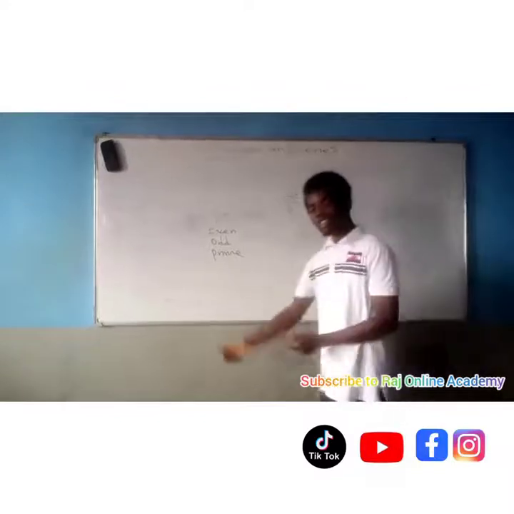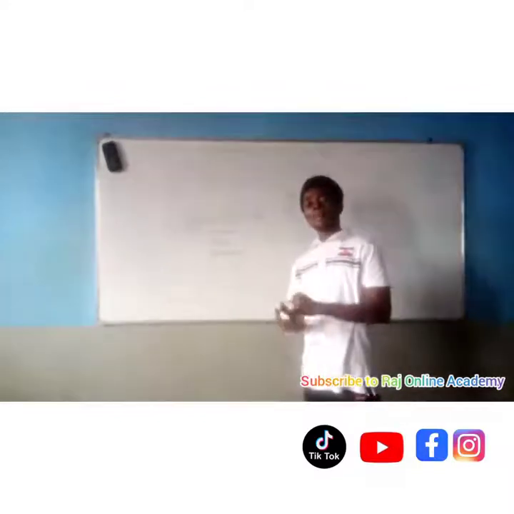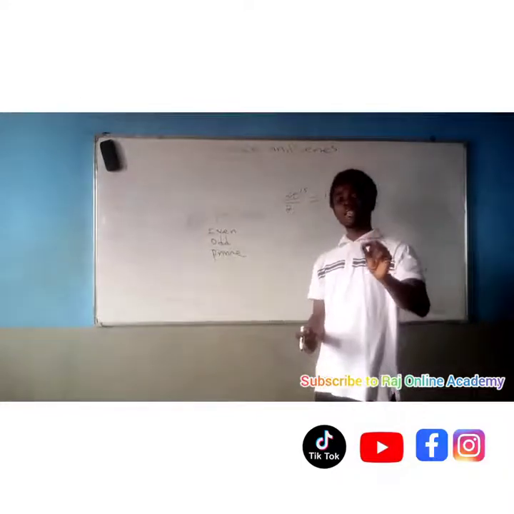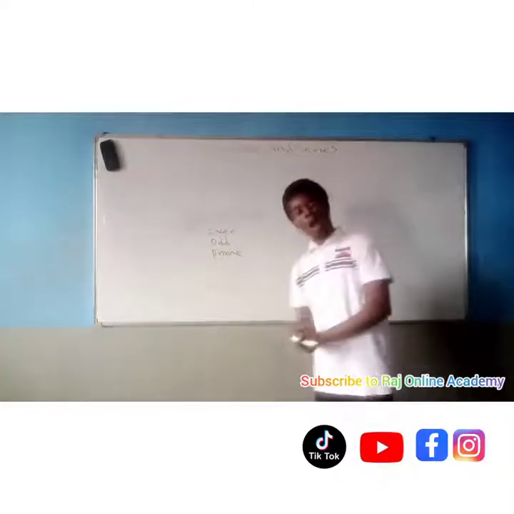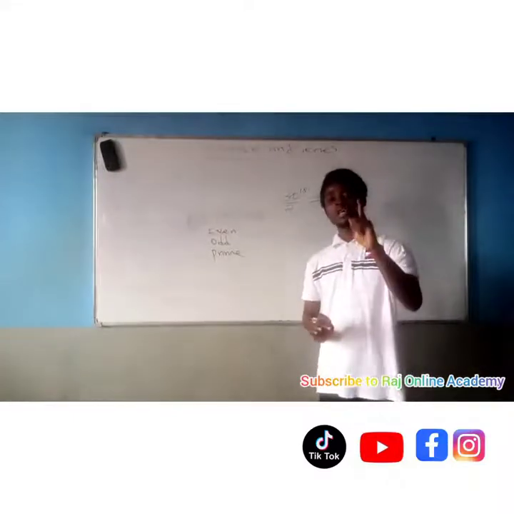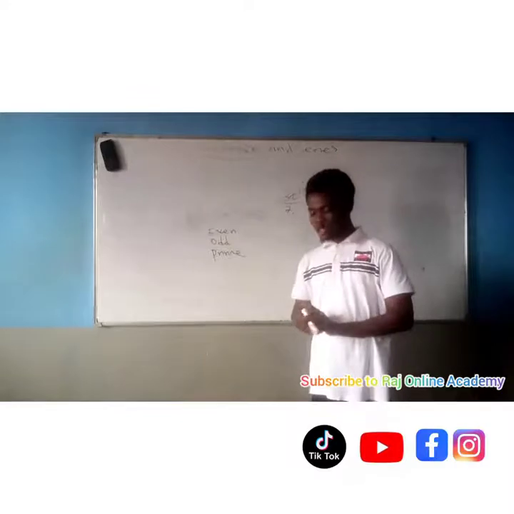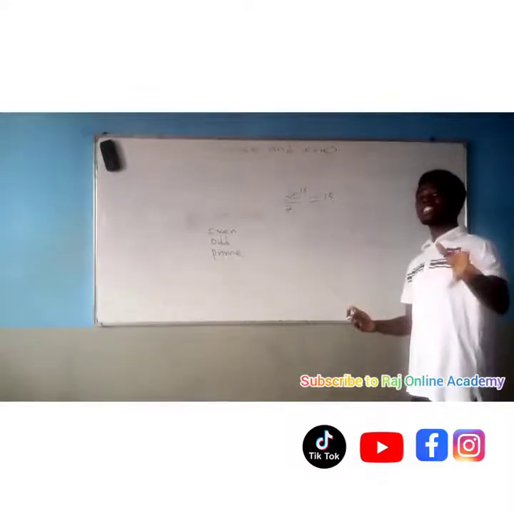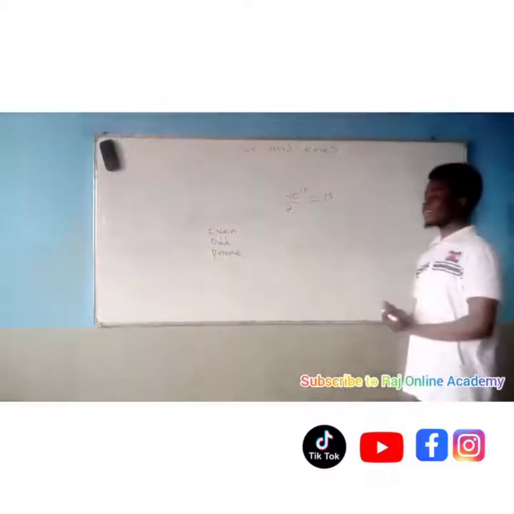What are odd numbers? Odd numbers are numbers that can be divisible by 2 with a remainder of 1. Or if we don't give the remainder, it means we are going to have a decimal as an answer.